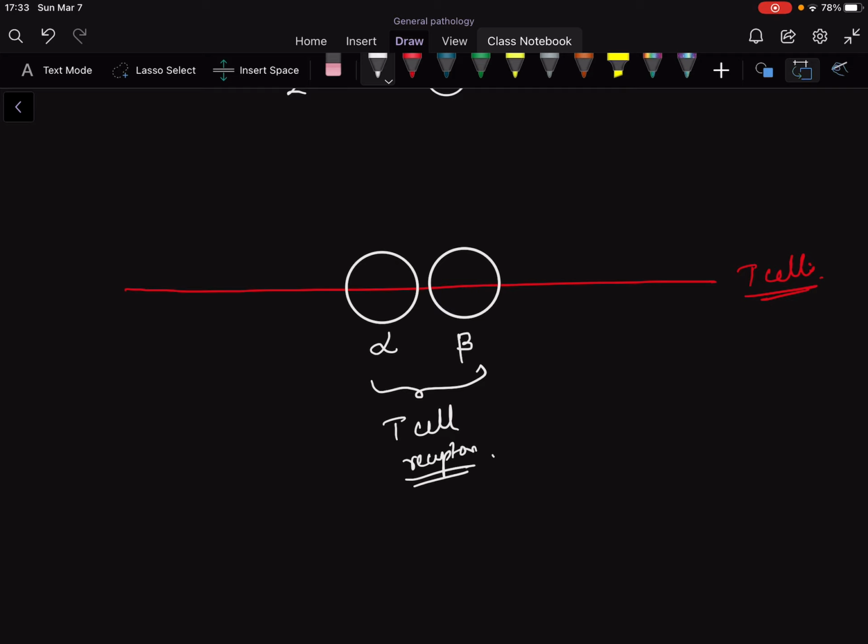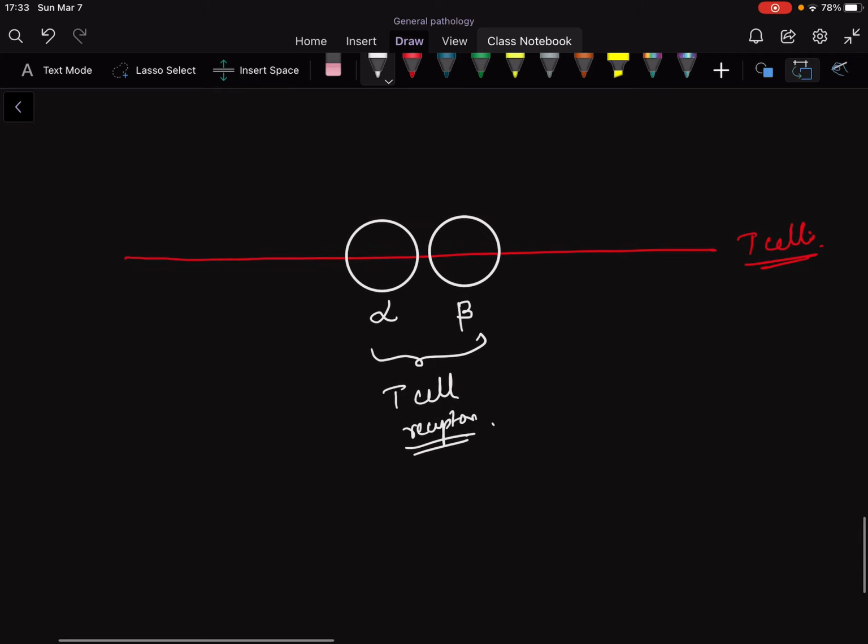And what does this help with? This helps in the binding of antigen. So suppose this is the coronavirus antigen, right? So alpha and beta, which are linked together by disulfide bonds, are called T cell receptors.